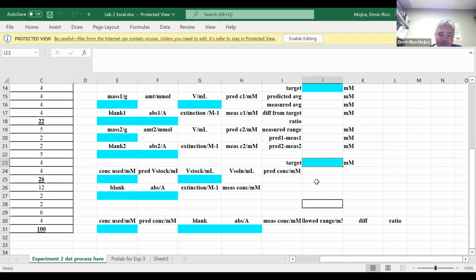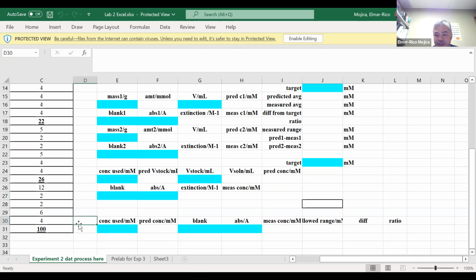You're given a lower concentration of this one, and you determine how much you're going to use from the higher concentration to prepare your target one. Usually it's not exact, so you can put the predicted concentration here, and then compare it with the measured concentration. The measured concentration is just the absorbance divided by 5.